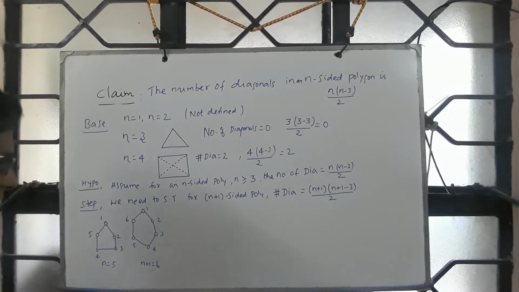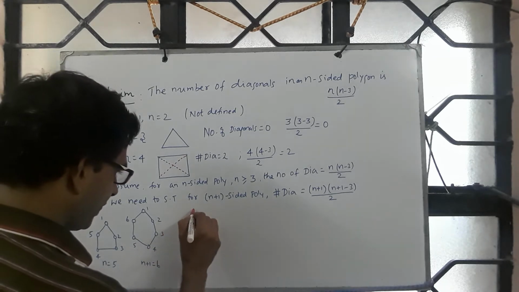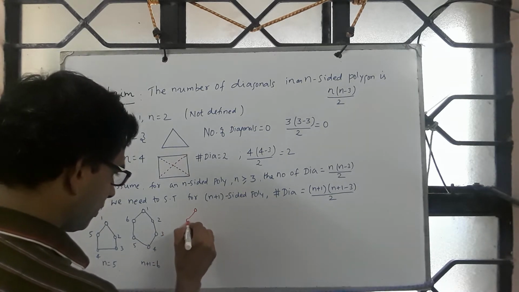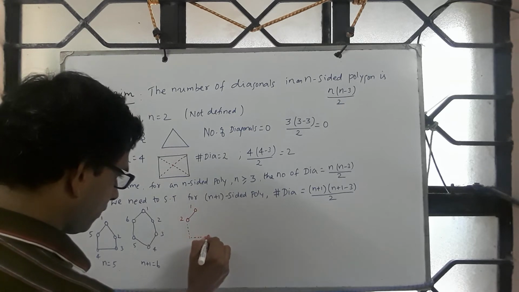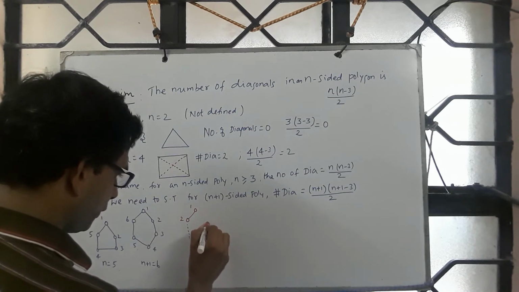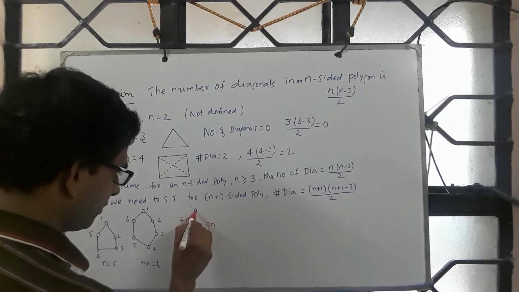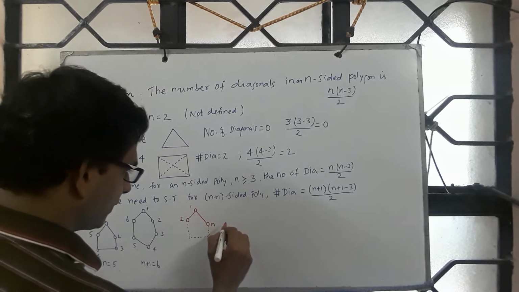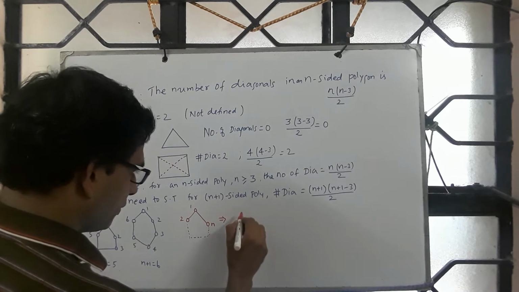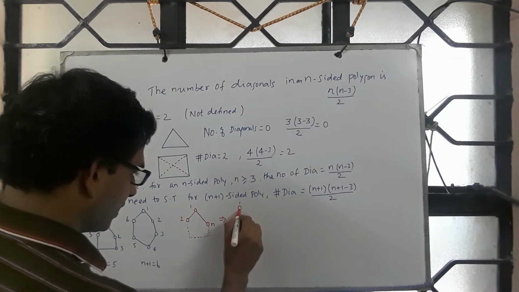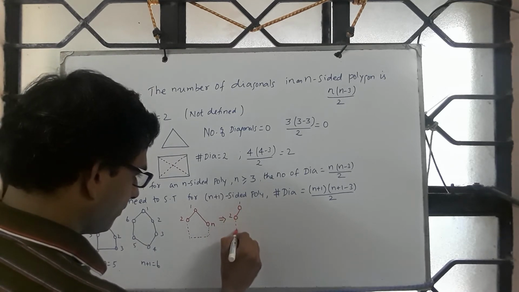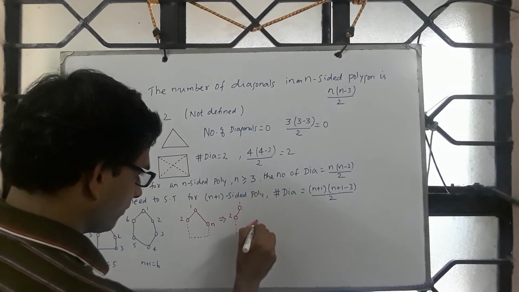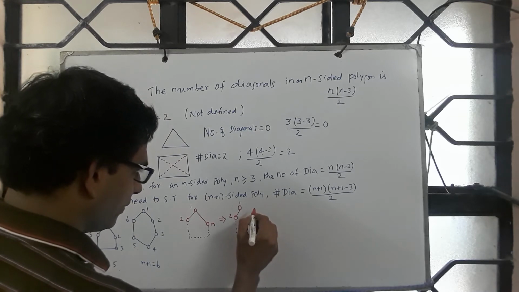So in general, you have an n-sided polygon. From this, to get an n plus 1 sided polygon, what are we doing?